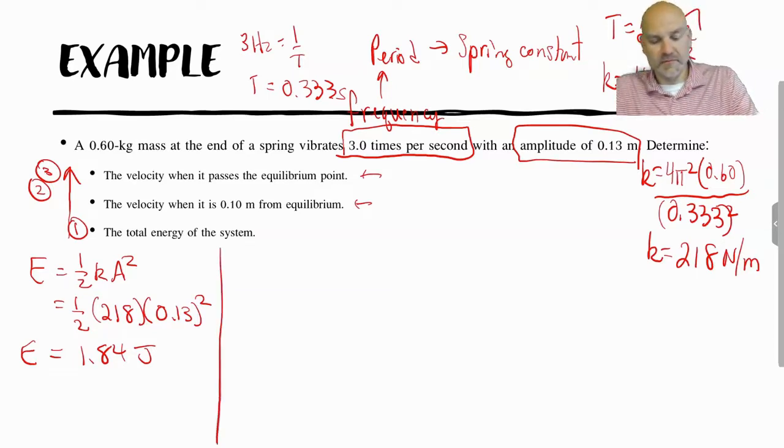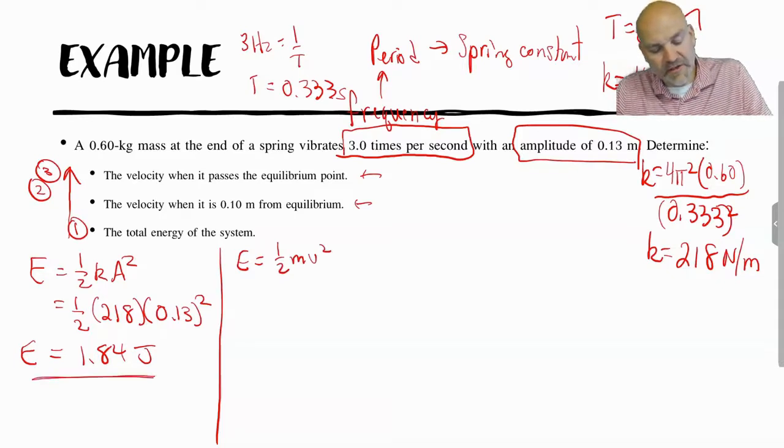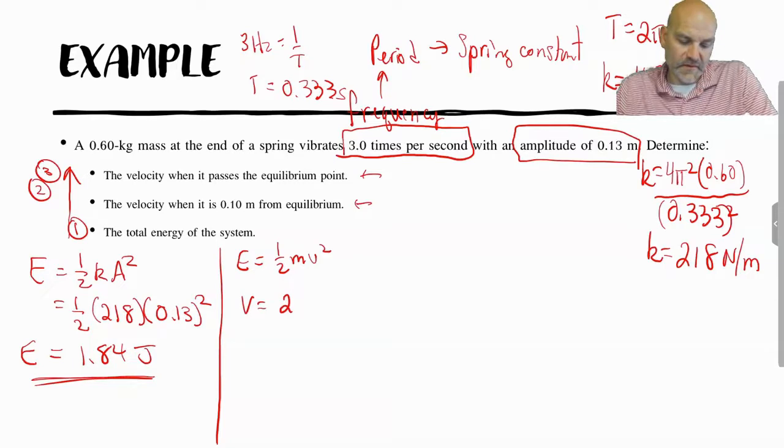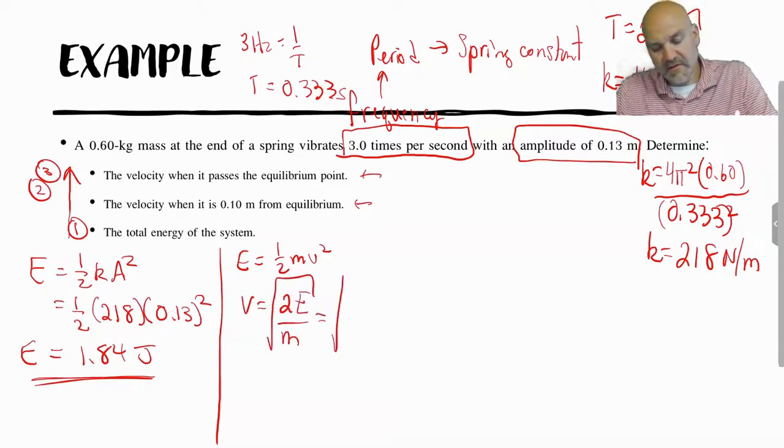Okay, so let's do the first part, the first question. What is the velocity when it passes the equilibrium point? So we know at equilibrium it only has kinetic energy, right? And we solve for the total energy of the system of 1.84. So v is going to be the square root of 2 times E over m.